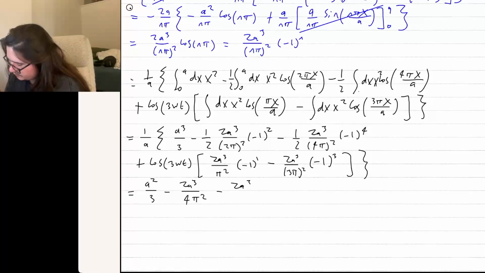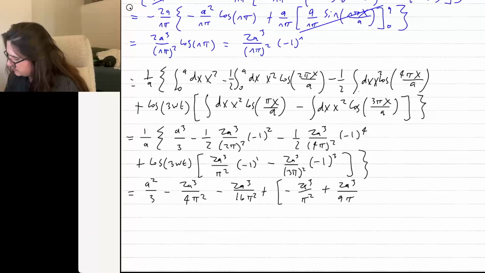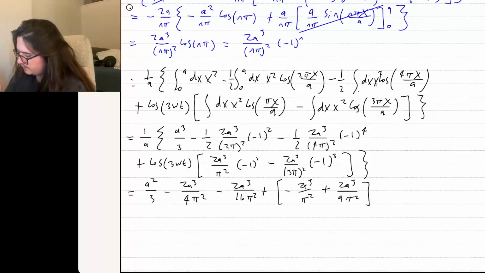Minus 2a cubed over 16 pi squared plus, I'm going to put the big brackets out front now, negative 2a cubed over pi squared positive 2a cubed over 9 pi squared. Right, and then all of these a's should be squared actually, like I suggested. And then this is going to be not over 2 anymore for those ones.